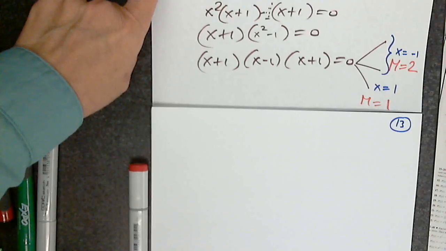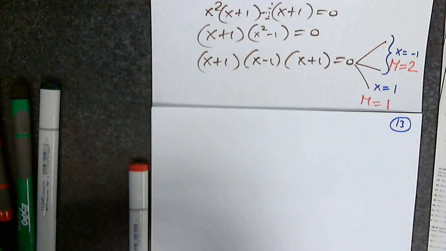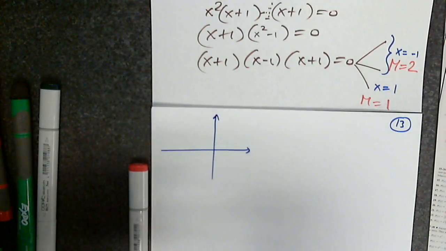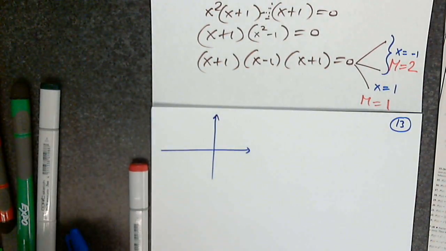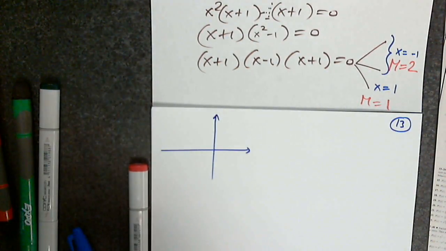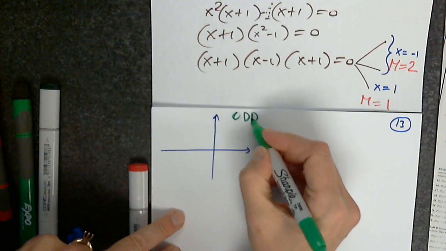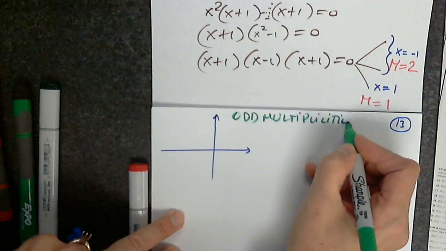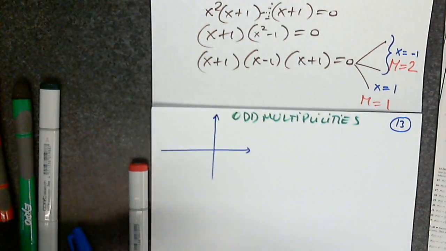Now let me discuss multiplicities a little bit more before we move on to step 3. So for odd multiplicities, what do I mean by odd multiplicities?